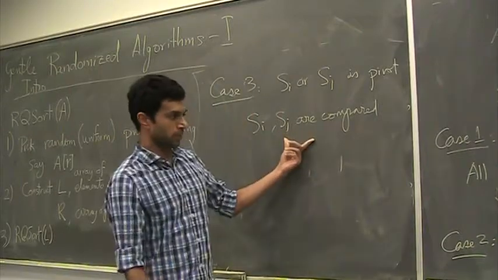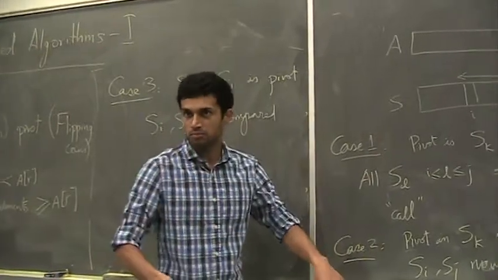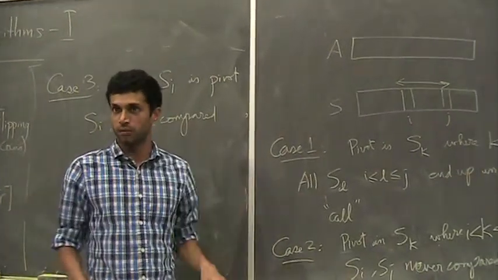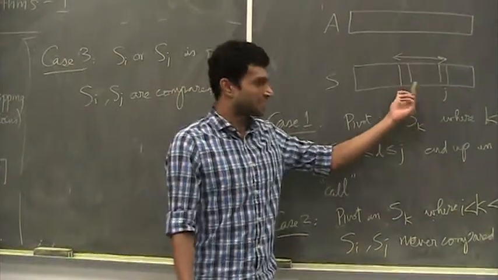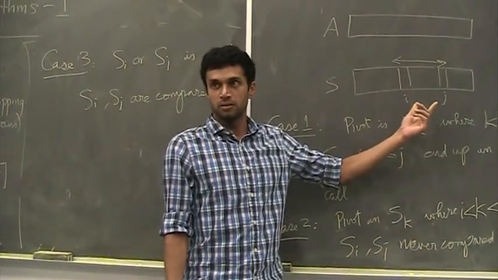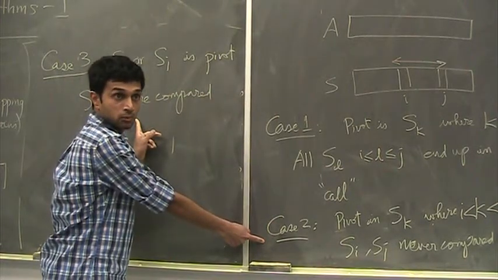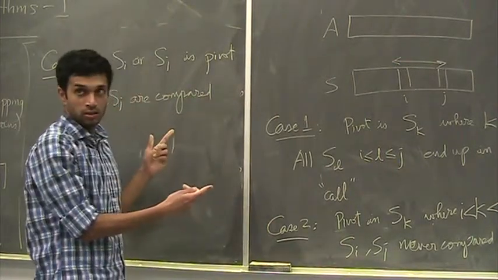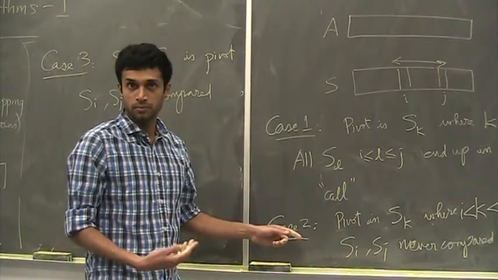So in this case they're compared, in this case they're not compared, and in this case it basically is decided in a recursive call. But intuitively at some point, one of these is going to happen, right? Eventually, one of these is going to happen. Does that make sense?